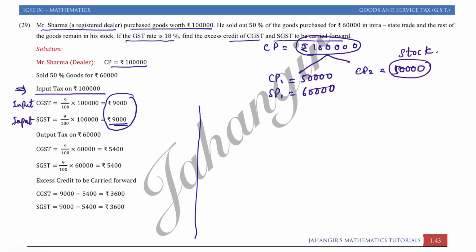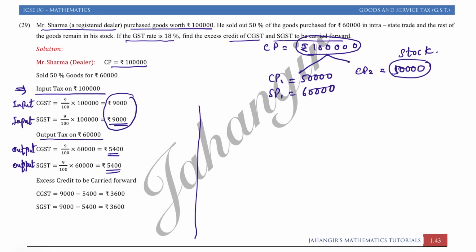Clear itna? Now while selling he had received 9% of 60,000 as output CGST and output SGST. That means 5400 he had recovered.